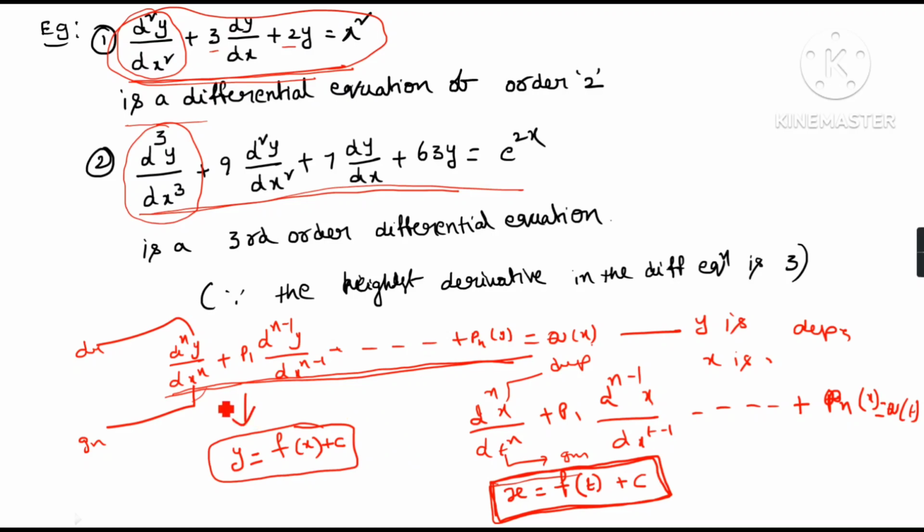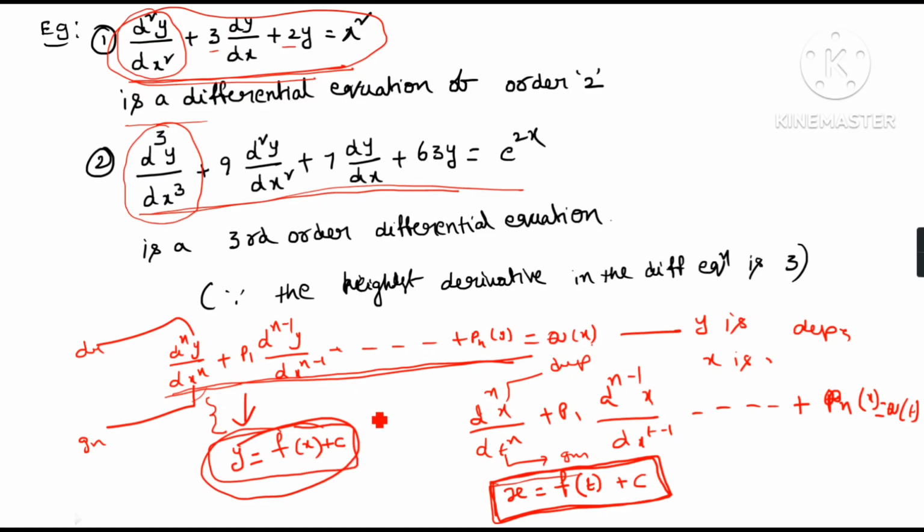How to get this general solution, we are going to learn here. I hope everyone understood what a differential equation is, the general definition of a differential equation of order n, and what the general solution for that differential equation is.